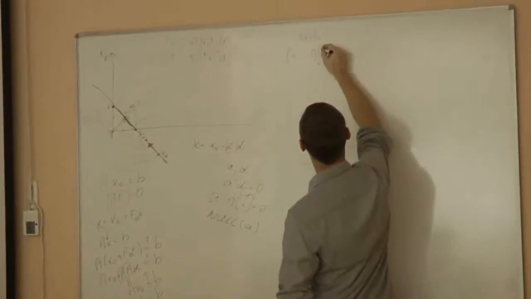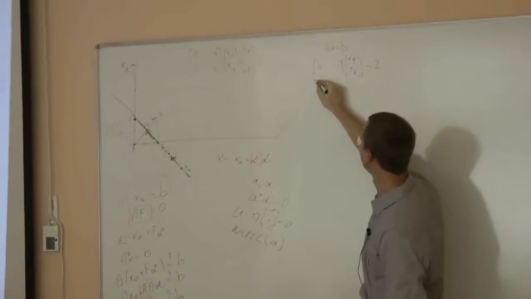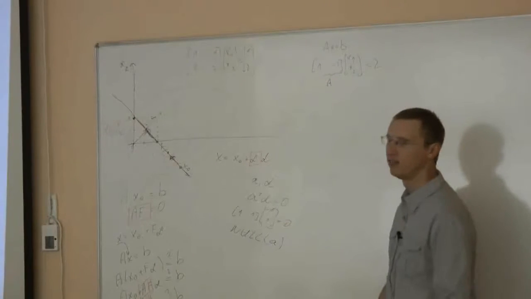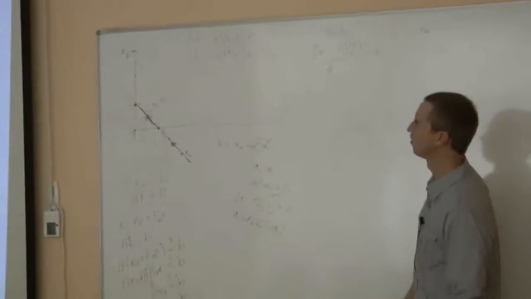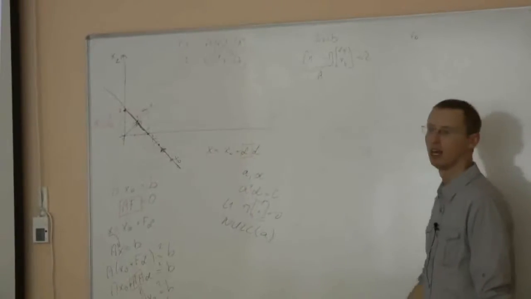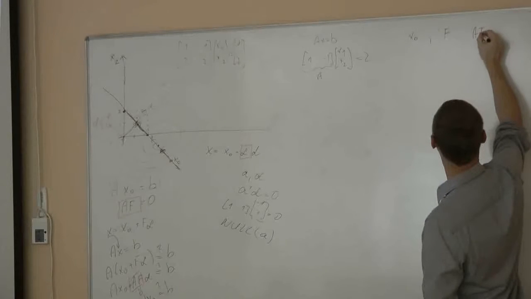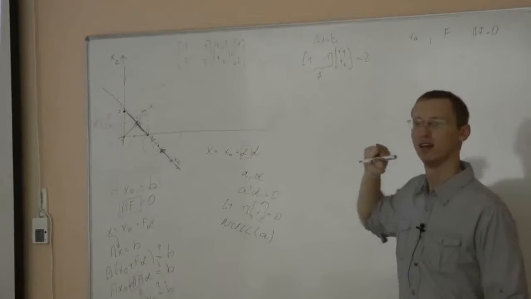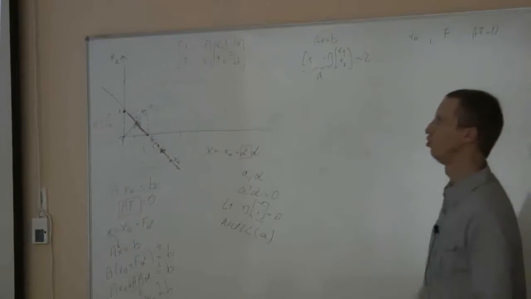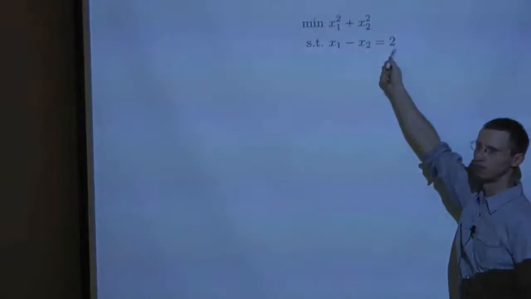We have two decision variables, x1, x2, and that's equal to 2. Okay, so that's A. And we need x0 as any particular solution of this system of equations. And we need f as a matrix which satisfies A times f is equal to 0. So give me one particular solution of this system of equations. Any.